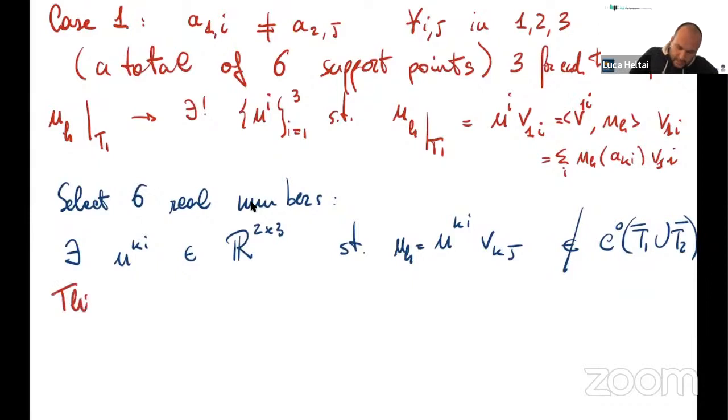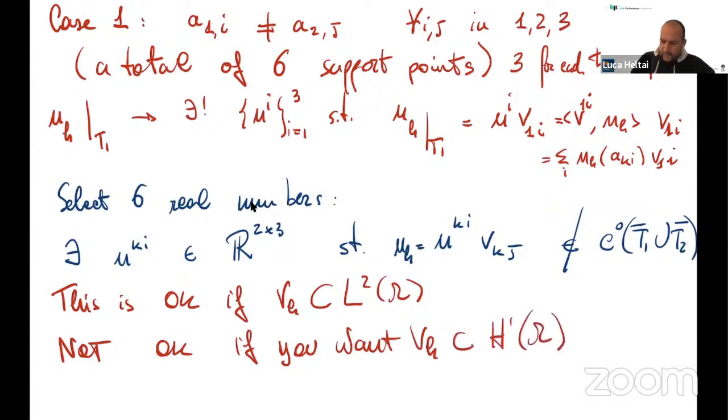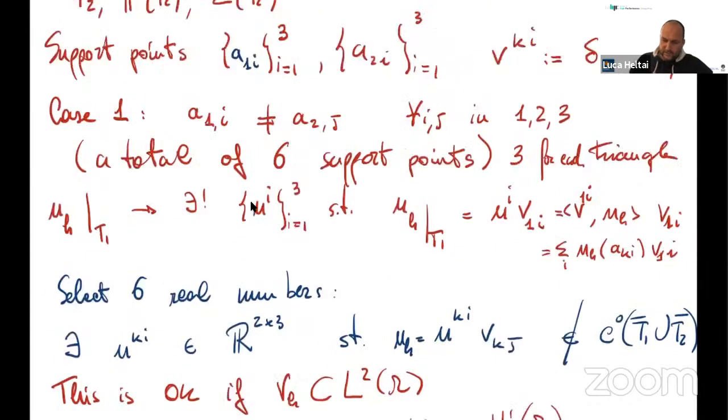So this is okay if you want VH to be included in L2 of omega, but it's not okay if you want VH which is included in H1 of omega. So how do we solve this? How do we fix this?